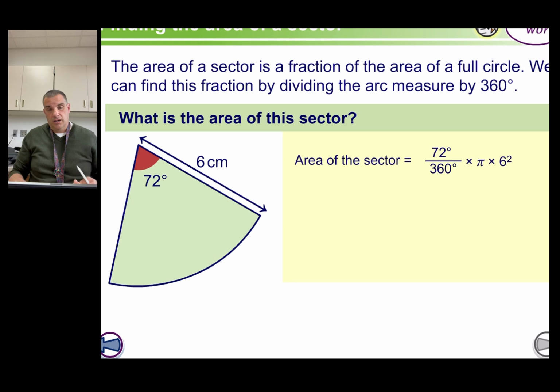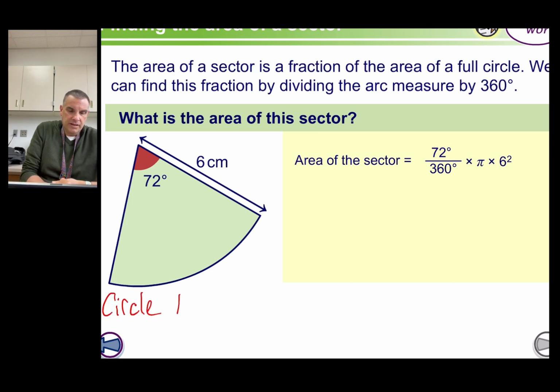The area of a sector in this case is going to be 72 divided by 360 times pi times 6 squared. Remember, the area of a circle is pi r squared.